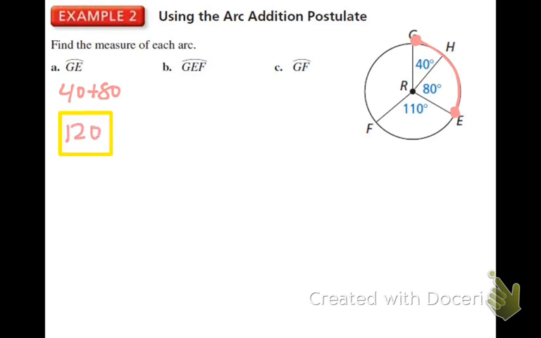Then we do GEF. From G, we go towards E, and then we end at F. So you add all of those: 40 and 80 and 110. So what do we get? 230.